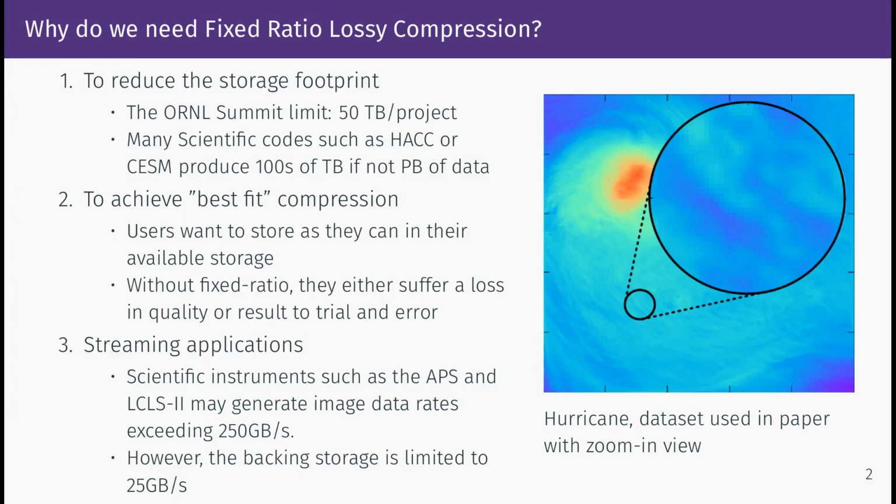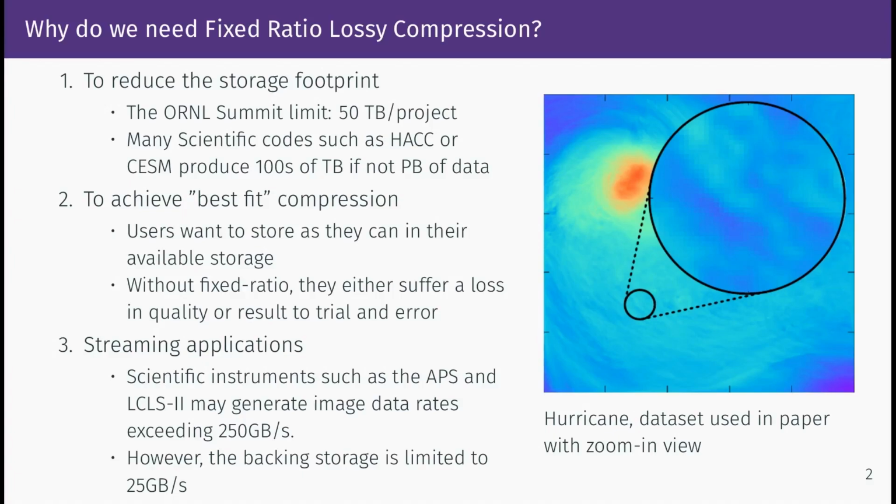So for example, on the Oak Ridge Summit system, they limit projects by default to 50 terabytes per project. Many scientific codes such as HACC or CESM produce hundreds of terabytes, if not petabytes of data. So given the limit of 50 terabytes per project for some applications, that really can be quite limiting.